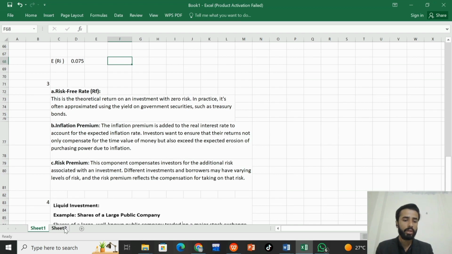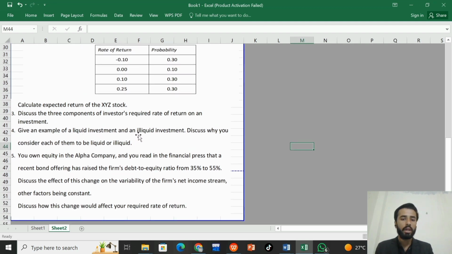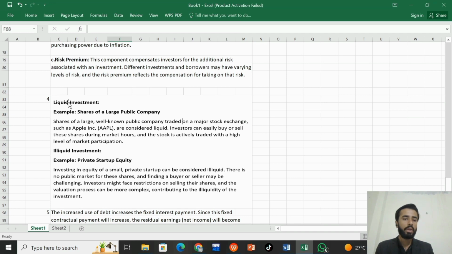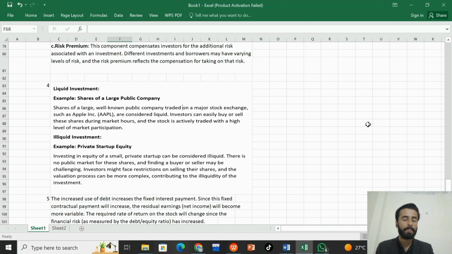Now we are going to solve the fourth question. Give an example of a liquid investment and an illiquid investment. Discuss why you consider each of them to be liquid or illiquid. There are two examples I've taken. For liquid investment, the example is shares of large public companies. How are they liquid? We are free to buy and sell the shares of large companies.